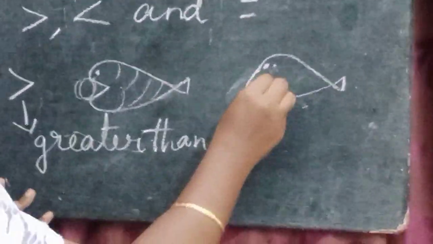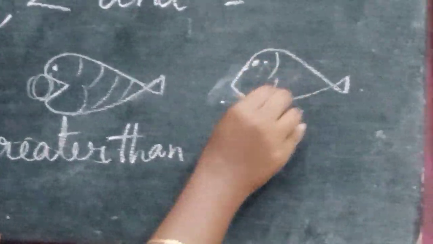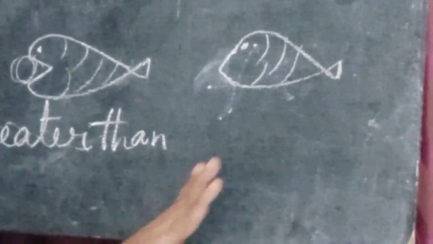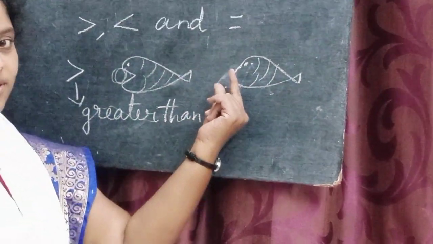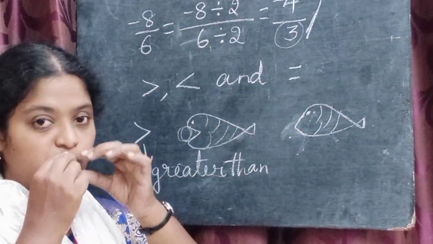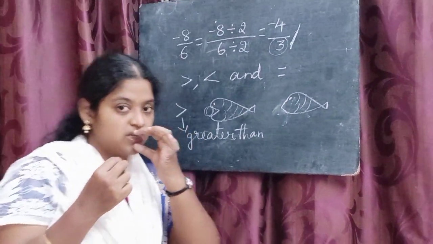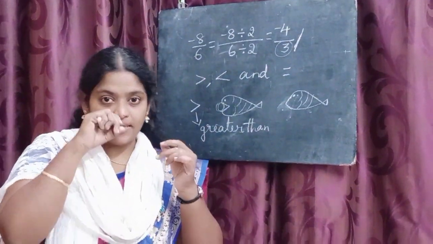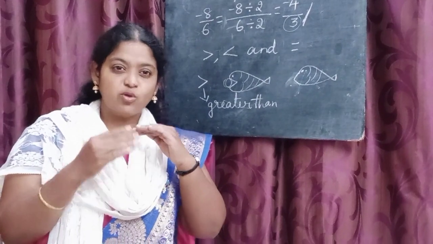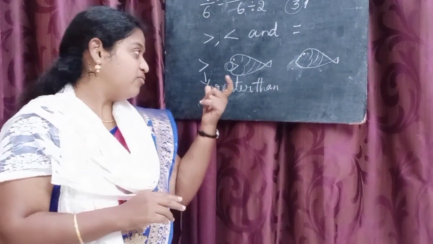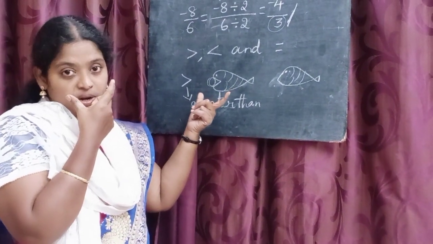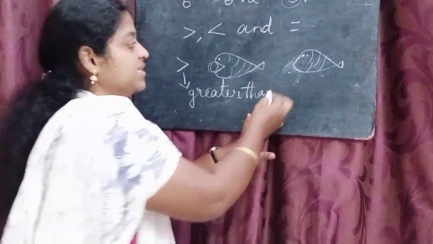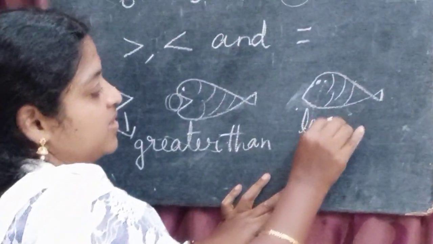If the fish mouth is closed like this, it cannot eat anything. Correct? So less. You cannot eat means it is less than what you can eat when your mouth was open. But here you cannot eat anything. That is less. Less than.